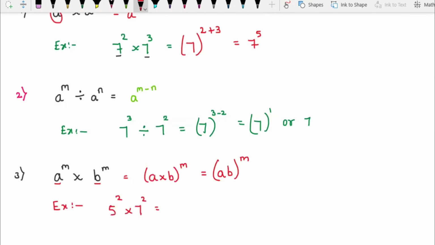As you can see, the base is different but the powers are similar. So we multiply the bases: 5 into 7 whole square. Because both exponents have the same power, we can multiply our bases. So 5 times 7 gives us 35 whole square. That was so easy. Let us go with the fourth law of exponent.